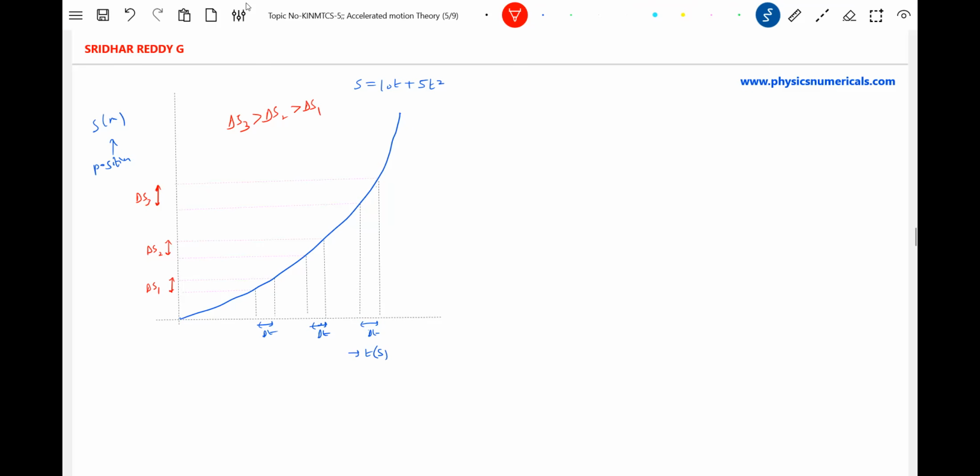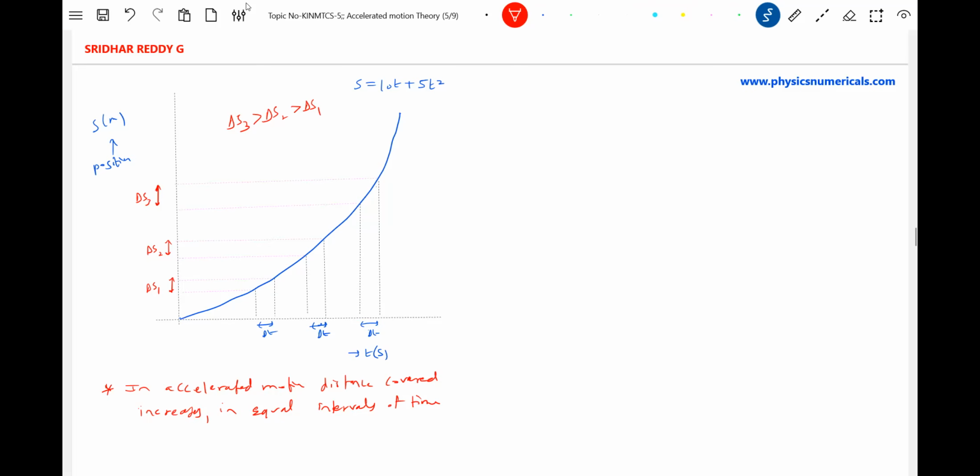Distance covered increases in equal intervals of time in accelerated motion. That's the first point.